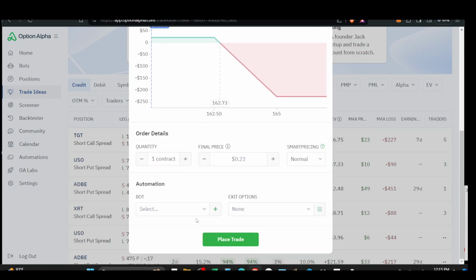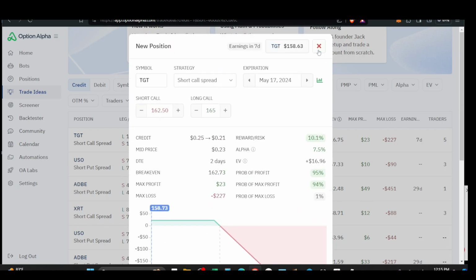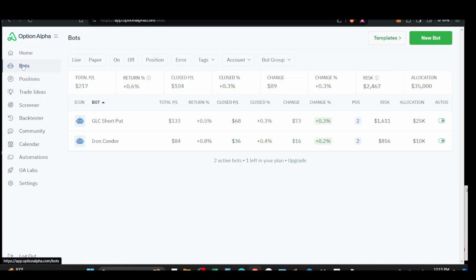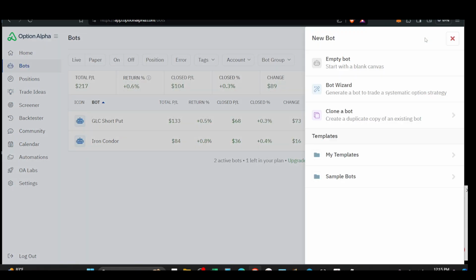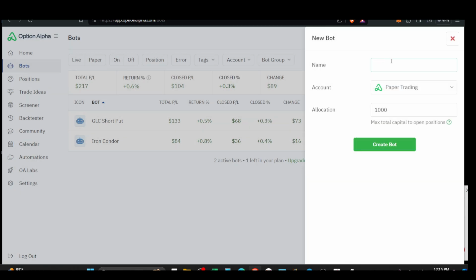So I can try and put this into a different bot. Actually, I can create another bot because I have three. I can have 3 bots because it's 30-day free simulated trading, right? So I can use an empty bot and name it short put.